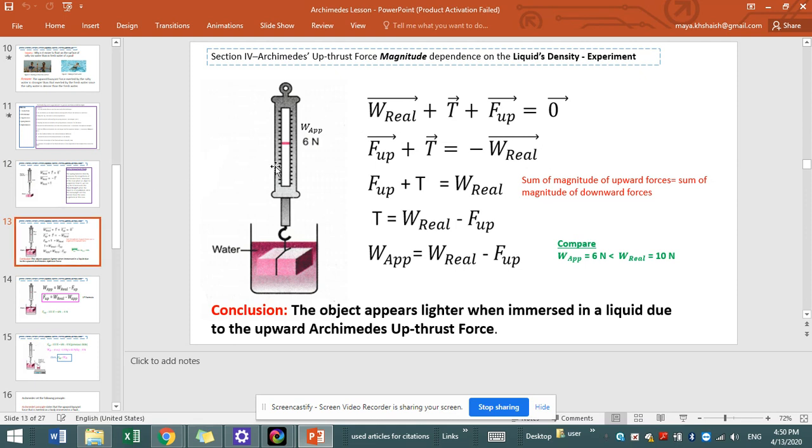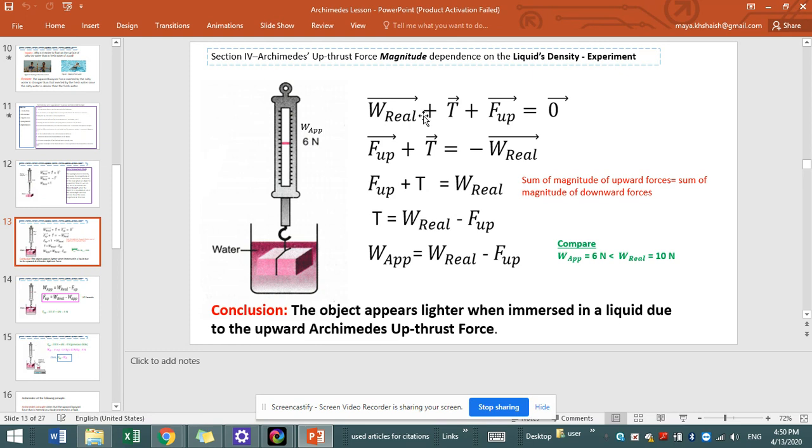Now, this same object is placed in water, and the indication of the spring balance changes to 6 Newton. Now, this indication can no more be called the real weight, since the object is no more in the air, however, it is immersed in a liquid. Actually, this indication is called the apparent weight. Why?